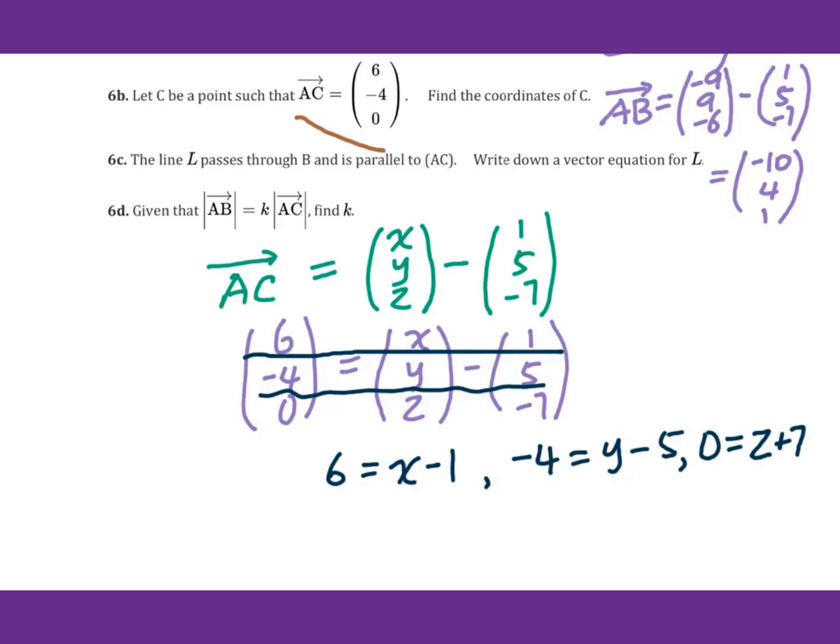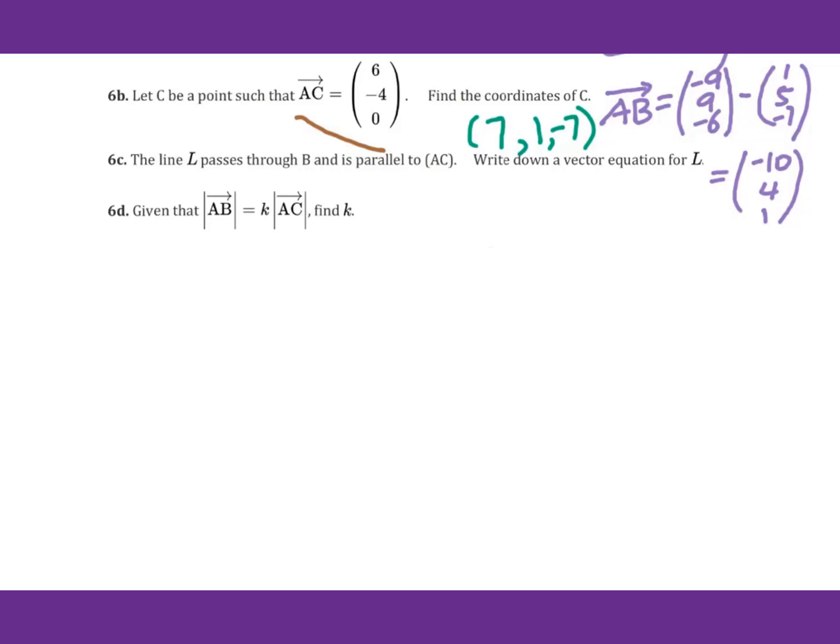Minus negative 7 is a plus 7. So we have x equals 7 here. Y equals 1. Z equals negative 7. Therefore, the coordinate for C will be (7, 1, negative 7).